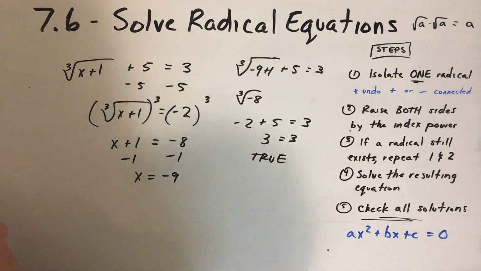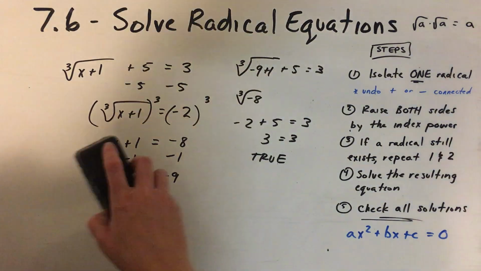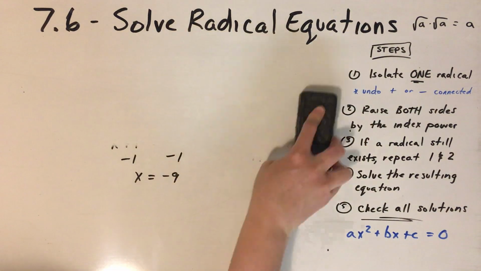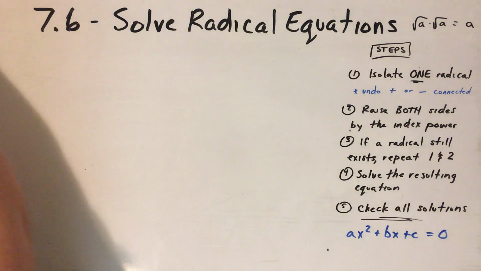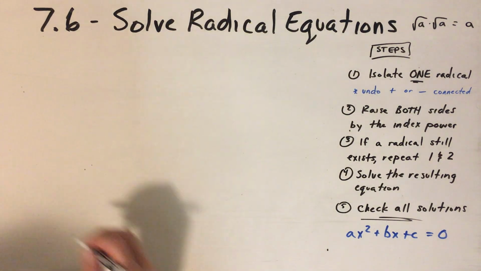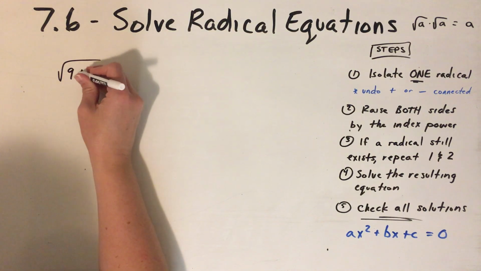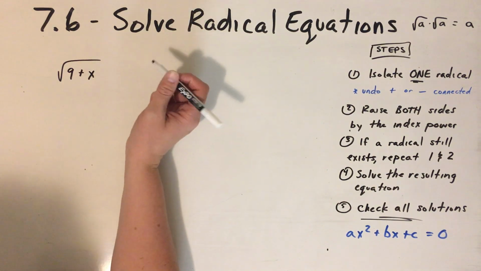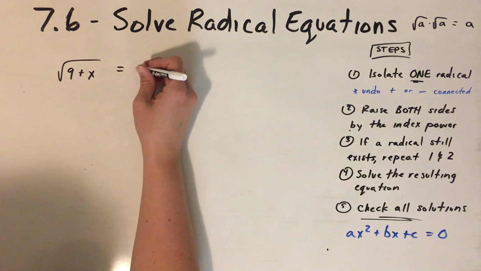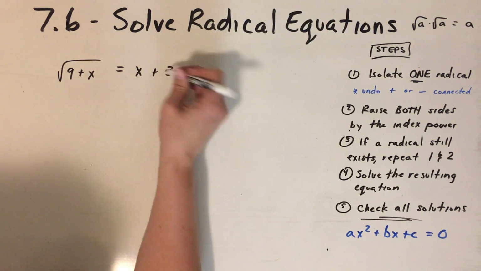I want to do a couple more here so that we can look at the gamut of everything that we might see in our homework and the types of problems that we might get. So we're going to work the square root of 9 plus x, and that is going to be equal to x plus 3.